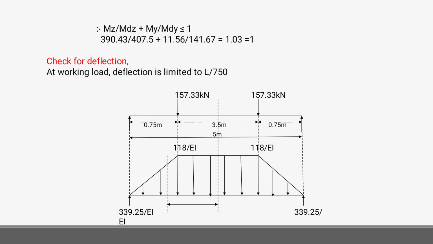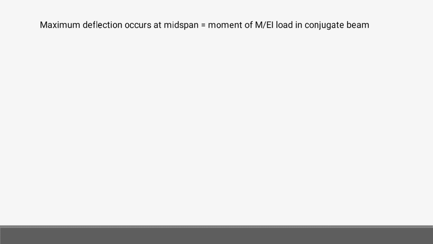So check for the deflection. At the working load, the deflection is limited to L by 750. The maximum deflection occurs at midspan, equal to the moment of the M by EI load in the conjugate beam. The reaction in the conjugate beam is equal to 1 by 2 into the total M by EI diagram.